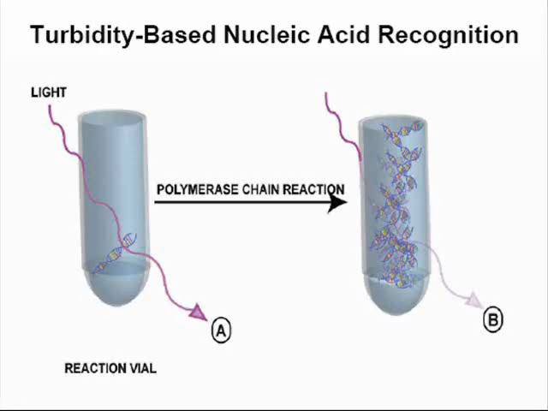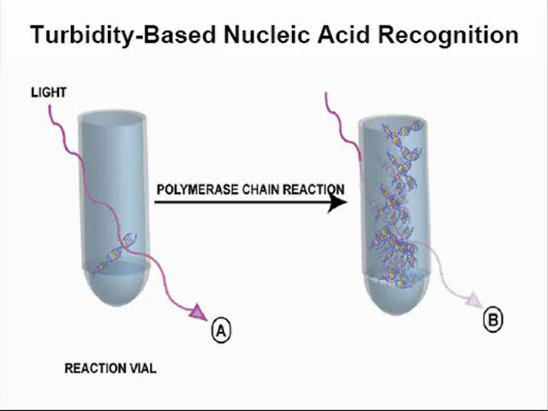Here we start off with turbidity-based nucleic acid recognition. On the left, we have a reaction vial containing a single strand of double-stranded DNA. Light passes through relatively uninhibited. However, following polymerase chain reaction, we've amplified the number of pieces of DNA in this sample many-fold, as you can see by the numerous strands in the reaction vial.